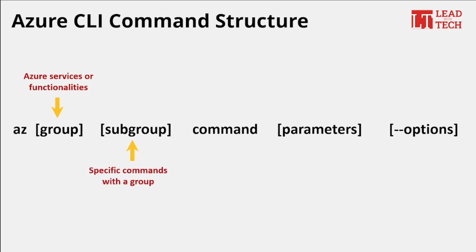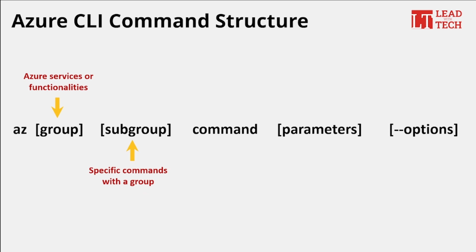Followed by that, you have something called a subgroup. The subgroup indicates if the service that you have defined in your group has sub components. So for example, if you already have a storage account and you're trying to create a container on it, or you're trying to create a table, then the subgroup would indicate the sub service you're trying to create in the storage.